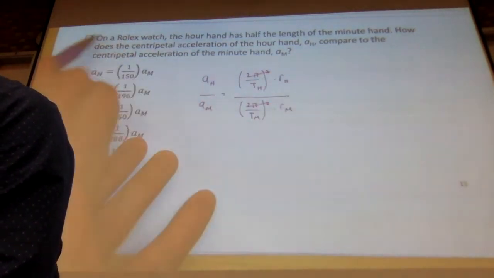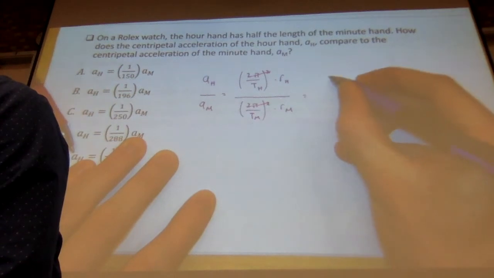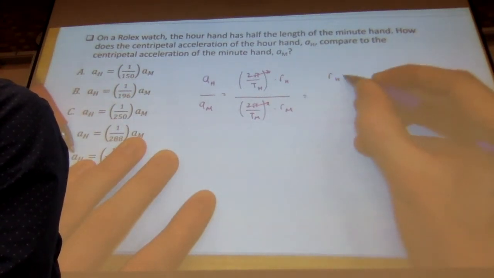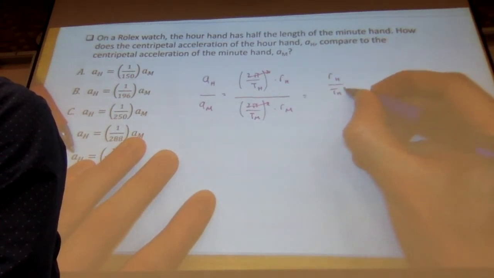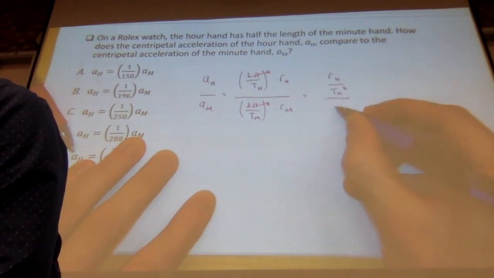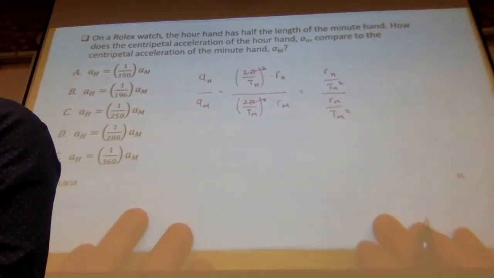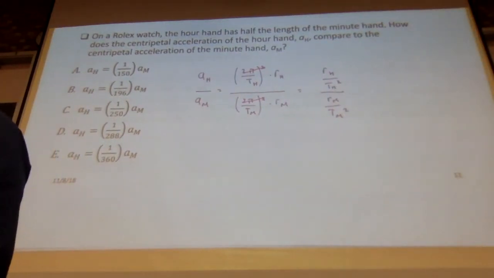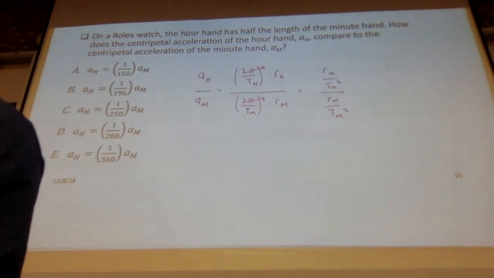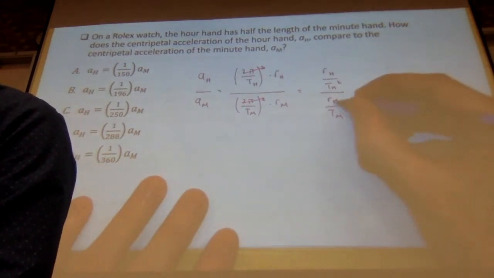So I'll be left with R of the hour hand over T_H squared, all divided by R of the minute hand over T of the minute hand squared. That makes sense. Again, stop me if I make a mistake. I'm likely to make a mistake at this point.